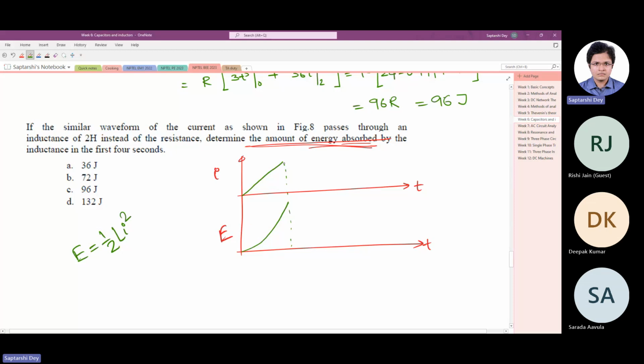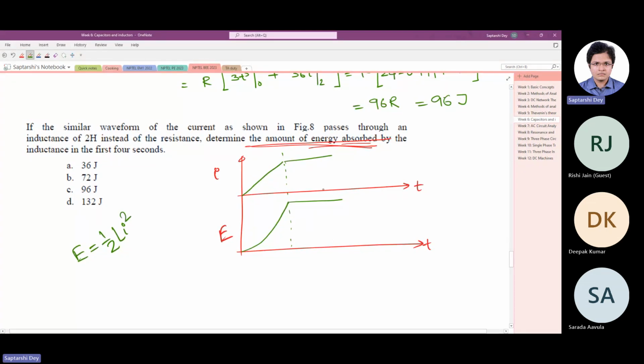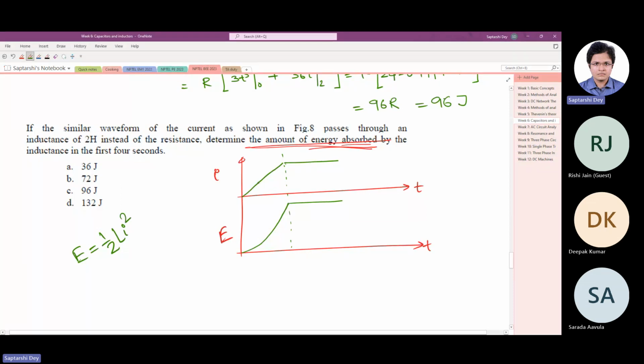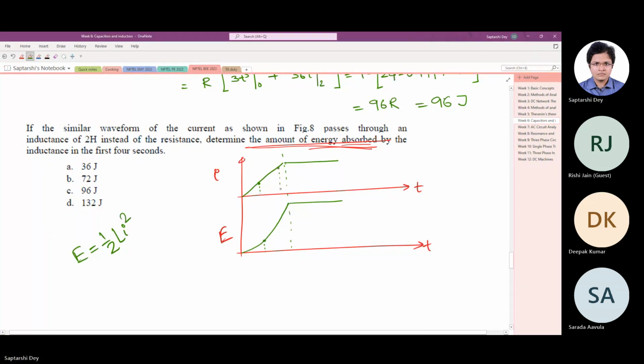Now from here, the current becomes constant, so the energy also becomes constant. So we are not talking about energy dissipation like before. It's about the energy stored in the inductor. If at this time this much is the current, then at this time this much is the energy stored in the inductor.